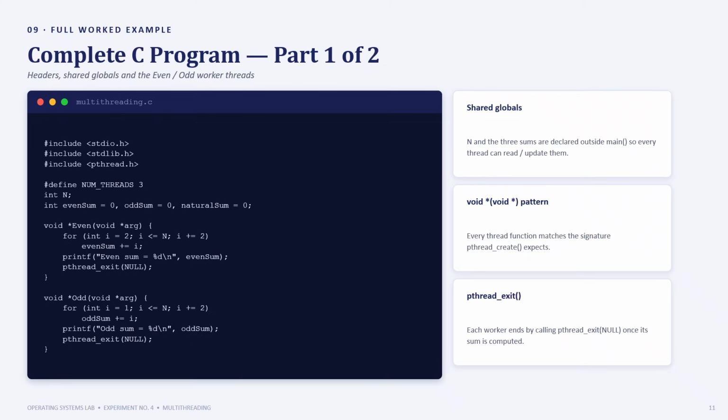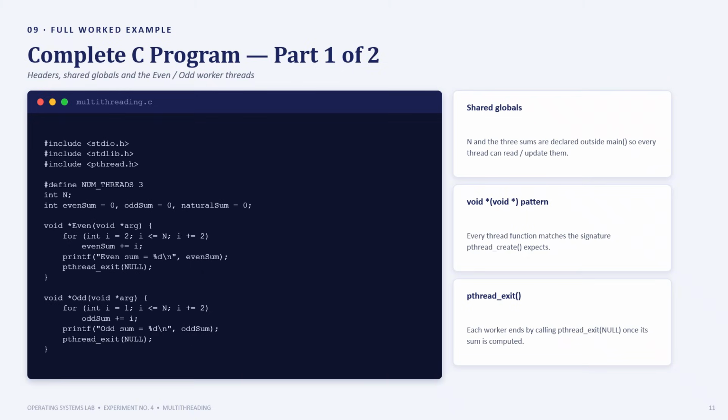Now see the even function. It runs a for loop starting from i equal to 2 up to n and increasing i by 2 each time. This way we get only even numbers. We add each value into even_sum. After the loop, we print the even sum and then call pthread_exit with a NULL to end the thread.